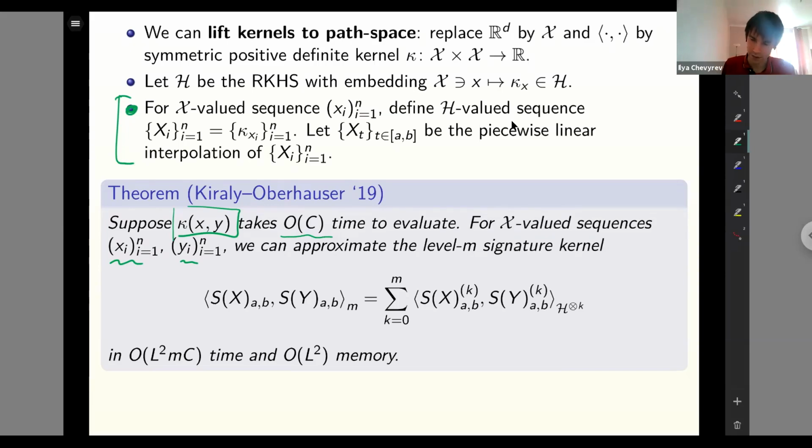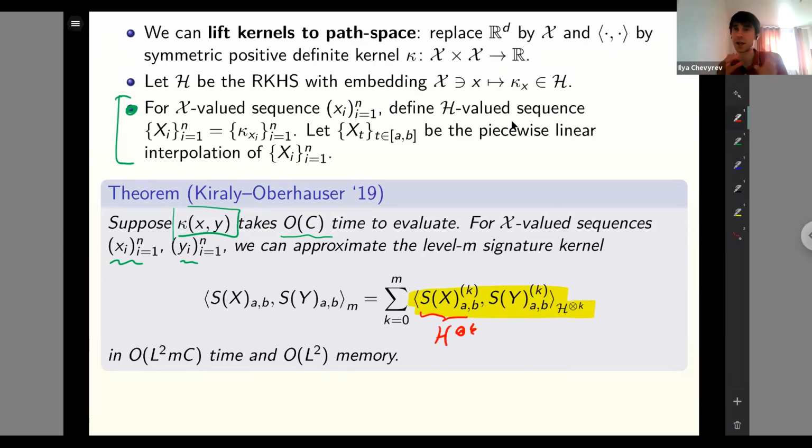In fact, the mathematically correct expression is this. You sum over all the levels from k equal to 0 to m, and the correct interpretation is that these signatures take values in h tensored with itself k times. The exact meaning of this is not so important. If it's familiar, then that's great.